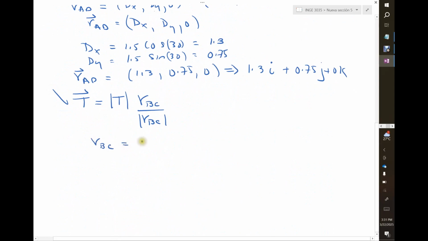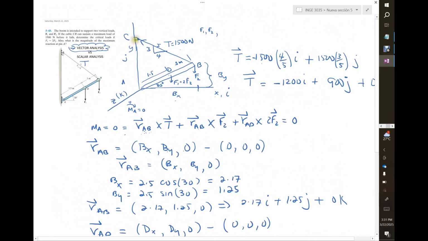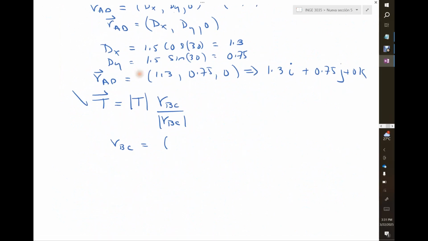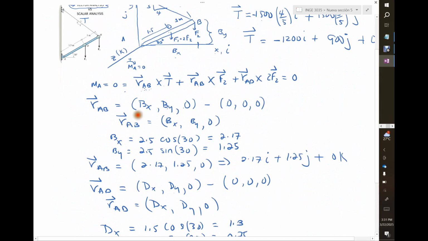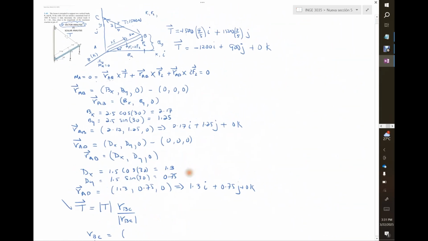As always, you are going from B to C, so the last point that we need is where we are going. We are going here to C, and that's important. So basically I need RBC. If you go back here, sorry, let me see if I can shrink this a little bit more so you know what I'm talking about.